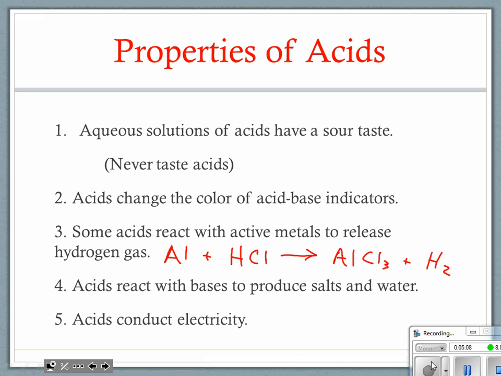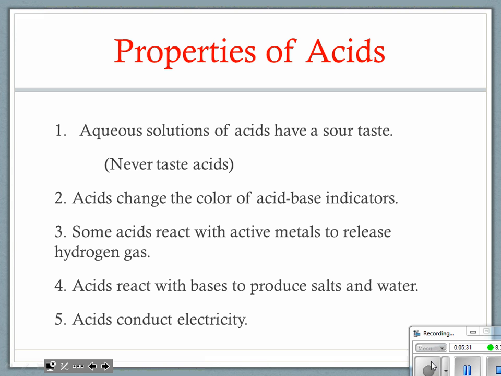Realize that this is indeed a skeleton equation. I don't have that balanced, and I'm not going to balance it, but I was just showing you aluminum chloride and hydrogen gas when we have acids reacting with active metals.